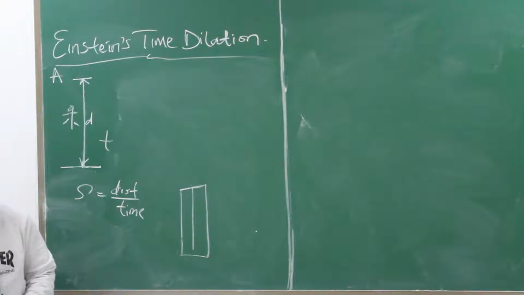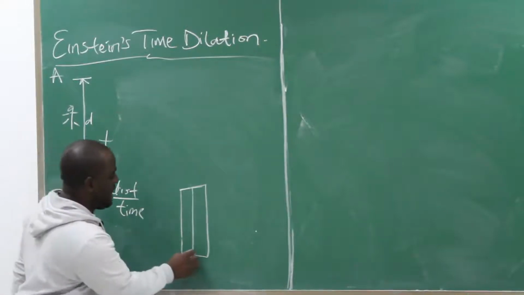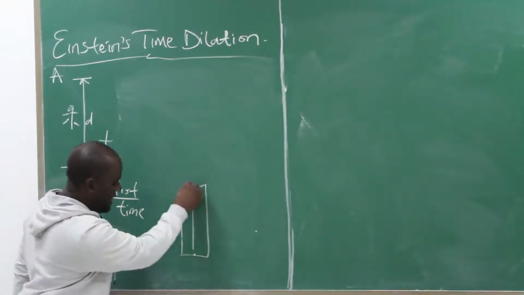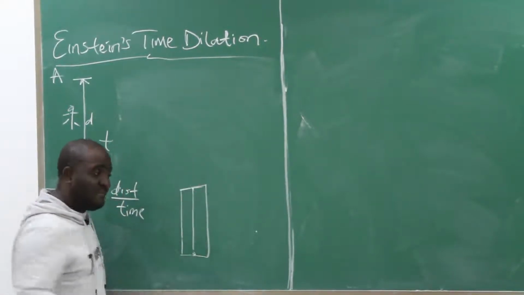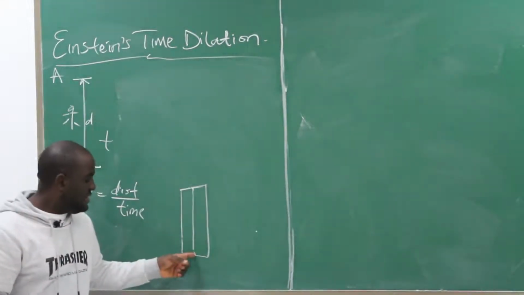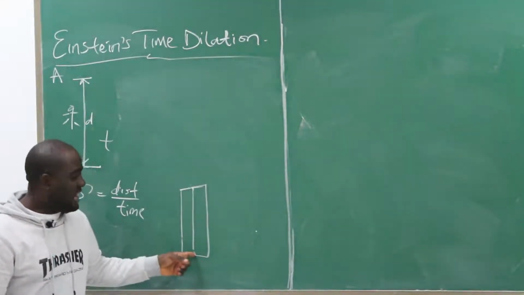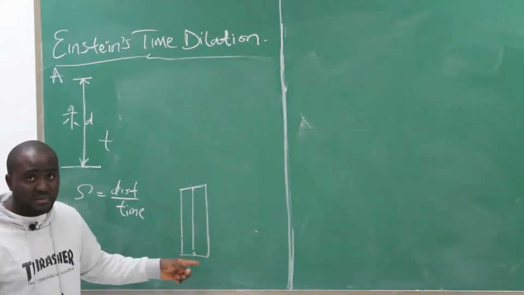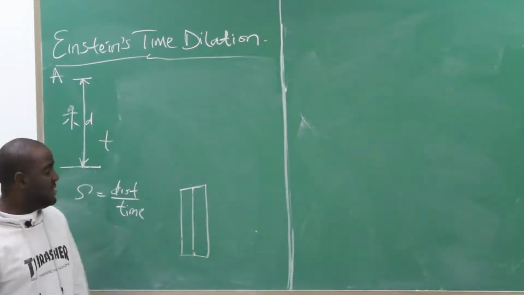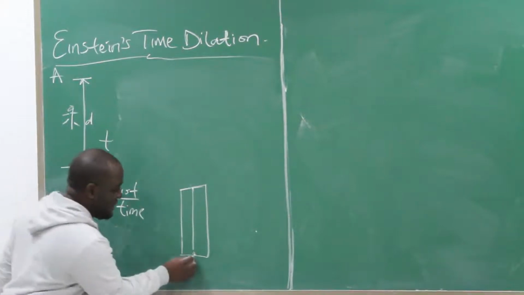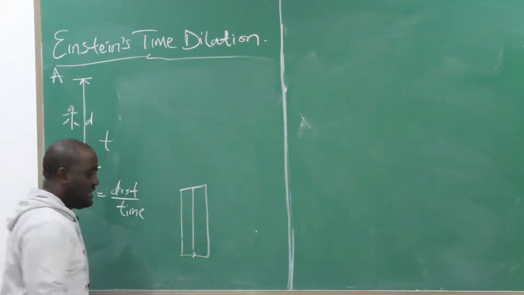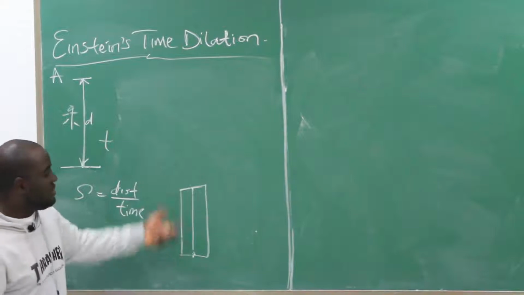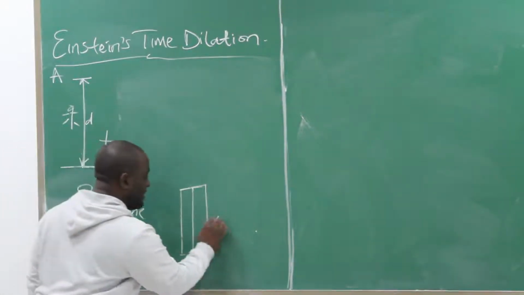You try to measure the time taken for that particle of light to leave the mirror down here, come up here, and then return back to this place. So the event you're watching is the particle of light moving between these two mirrors. As it leaves here, goes here and comes back, you hold your stopwatch and measure that time to be T.